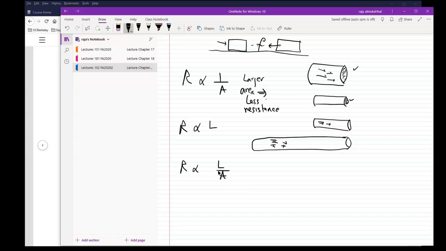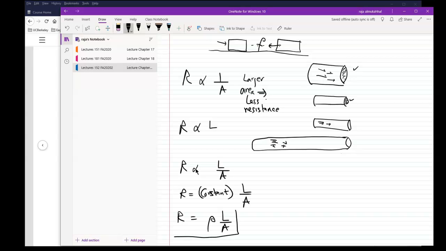And if I convert this proportionality symbol into equality, it becomes resistance is equal to a constant multiplied by the length over area. And this constant is something that has to do with the property of the material. We call it the resistivity constant, rho L over A.